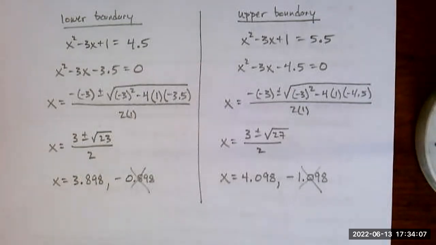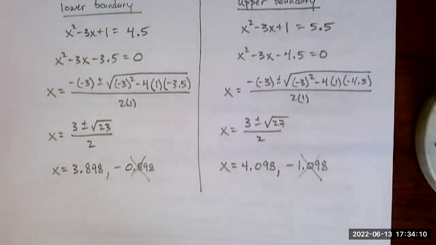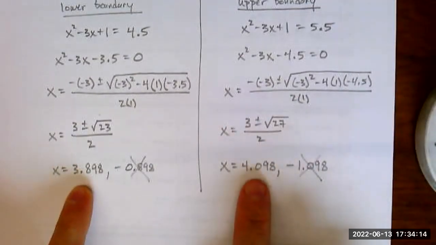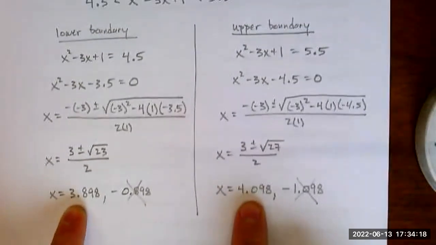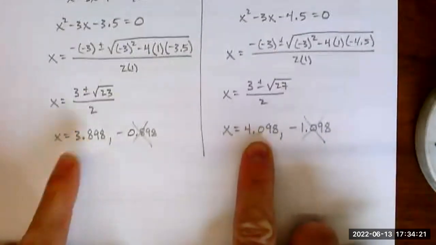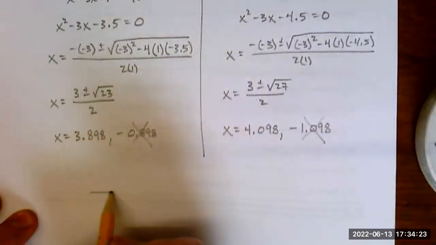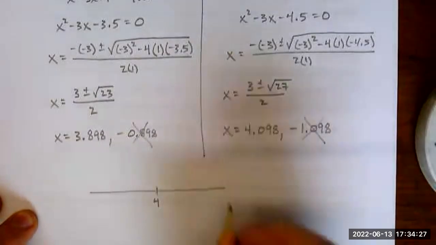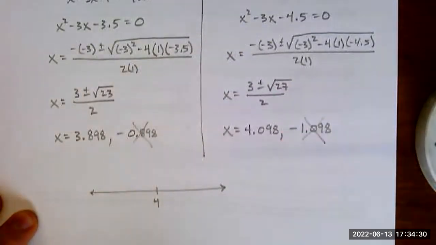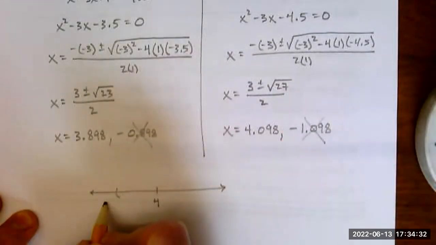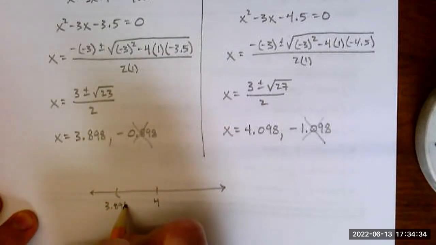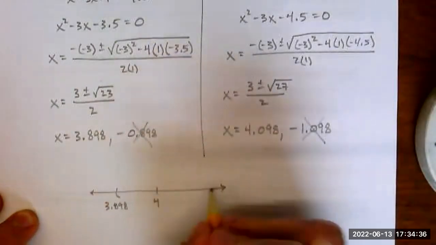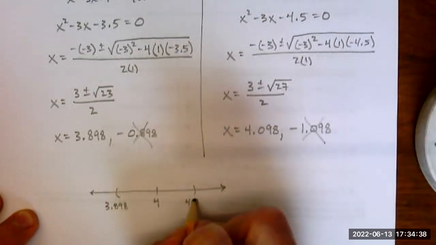Now let's think about this for a moment. It turns out, as we discussed at the beginning, these numbers are not the same distance away from 4. If I was to draw just a quick x-axis, here's 4. 3.898 is down there, let's say. 4.098 is up here.